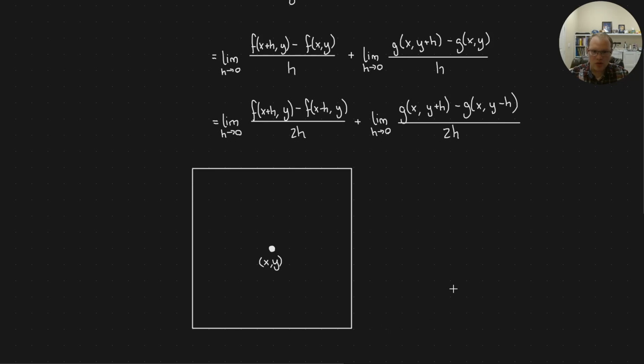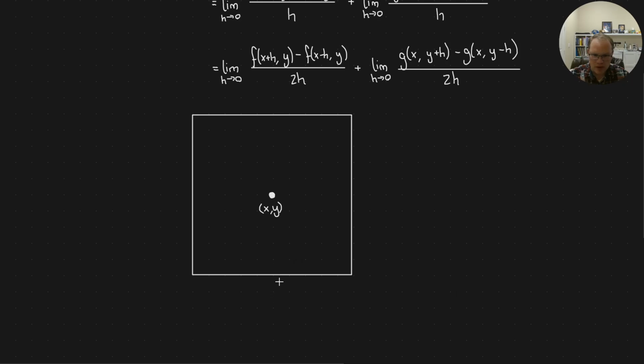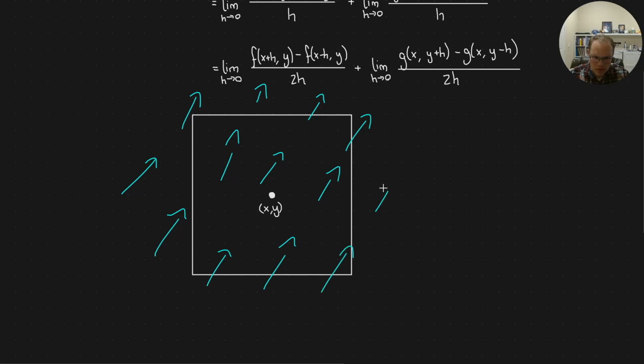Okay, and imagine we have some box around it, and we're really zoomed into our vector field. This box will exist in the context of some vector field, and we have a box that we've just placed within this vector field.